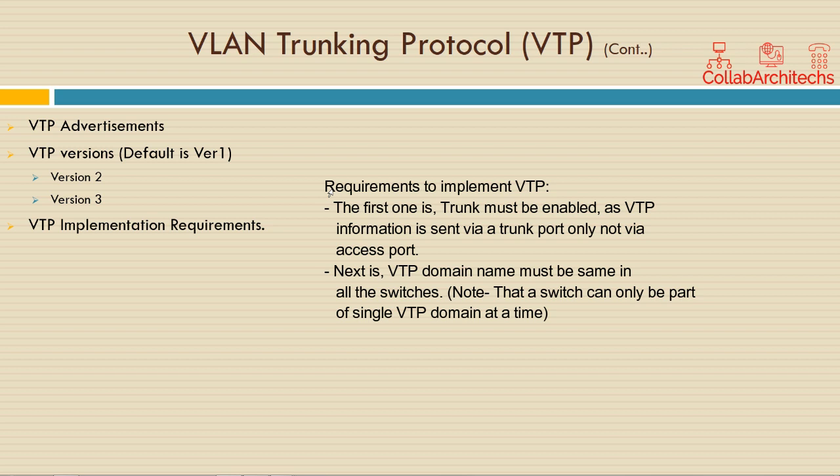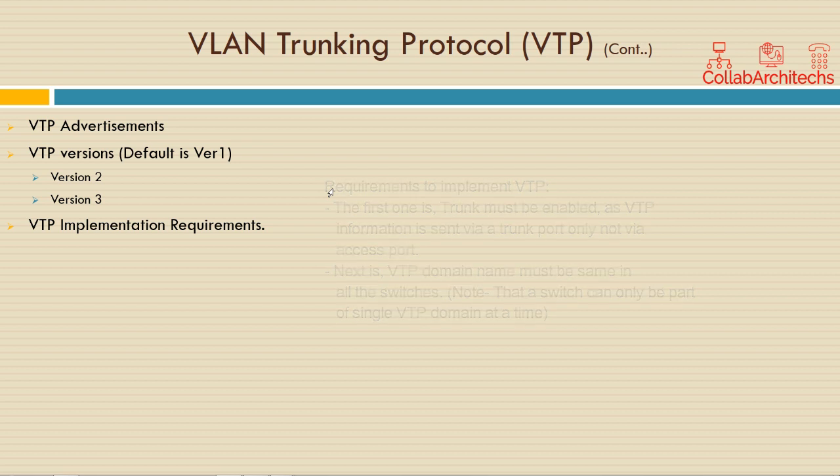Next is that the VTP domain must be the same in all the switches. There is a point to note that a switch can only be a part of a single VTP domain at a time.